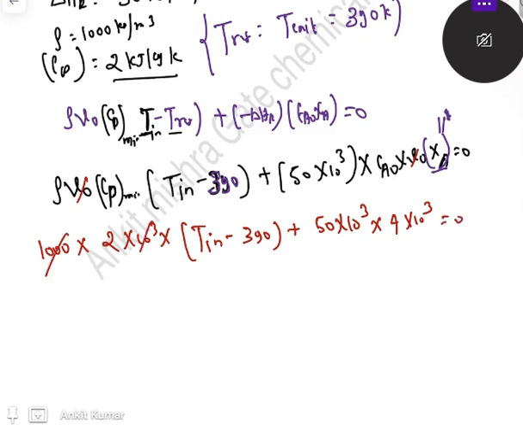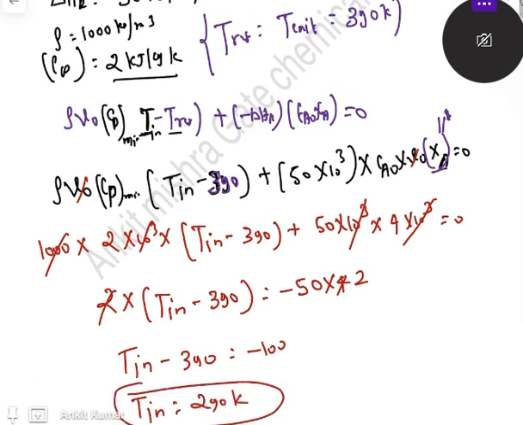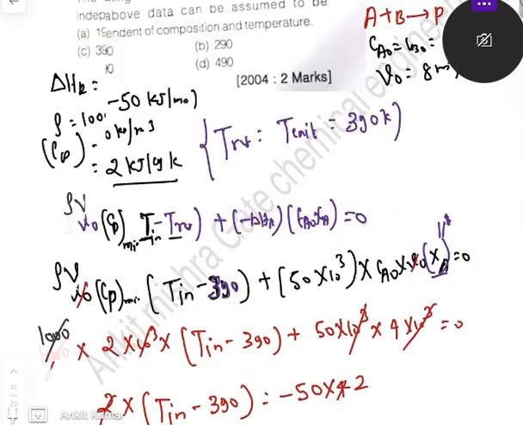So the 10 to the power 3 will get cancelled out. You can see 2 multiplied with T in minus 390 equals minus 50 into 4. So T in minus 390 equals minus 100. What is the maximum inlet temperature? That is equal to 290 Kelvin. 290 Kelvin will be the maximum feed inlet temperature. Is that clear?